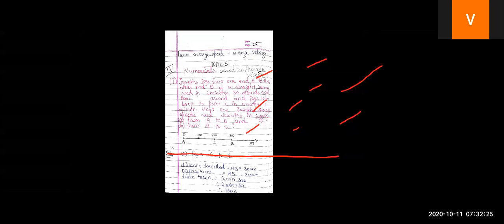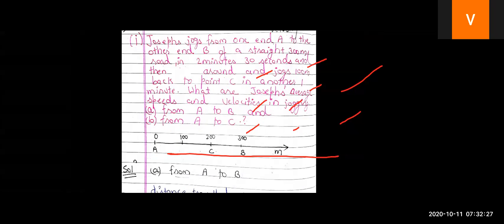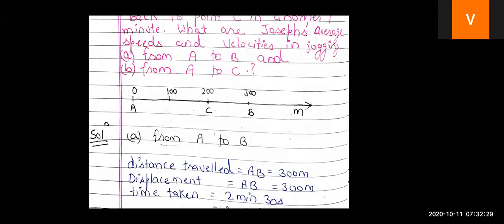Now let's see the second case, that is from A to C. So let's first see the diagram from A to C, children. From A to C, the person is first going from A to B, and then he is returning and coming to point C. So what total distance did he jog?